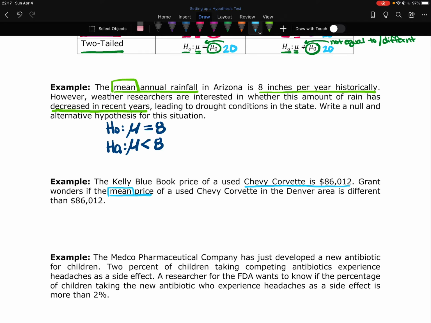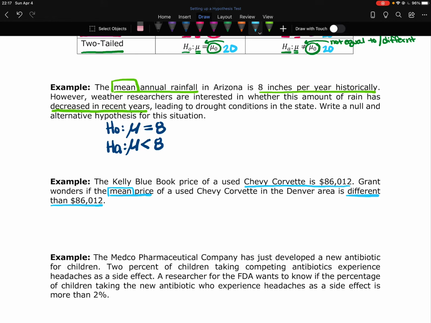So again, here's this word mean. And then he wants to know, is it different than what's being reported by Kelley Blue Book? So I have a reported price from Kelley Blue Book. That price is the mean.